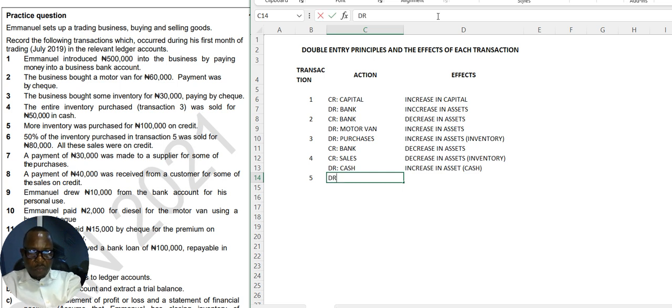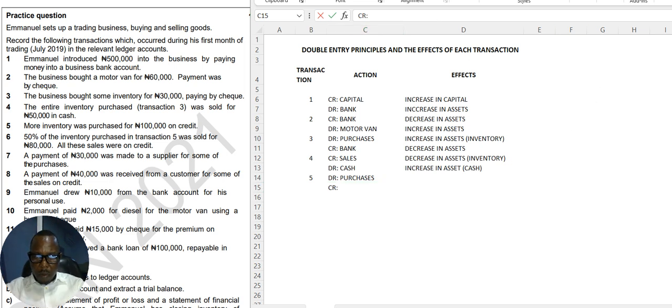You will debit purchases, and credit what? Your trade payable.